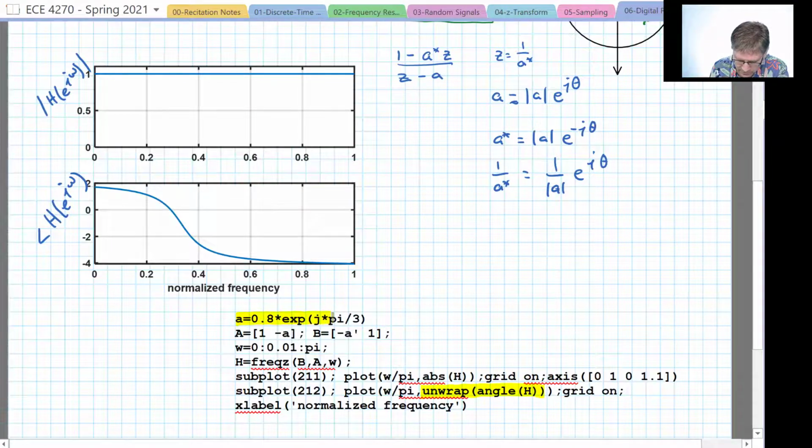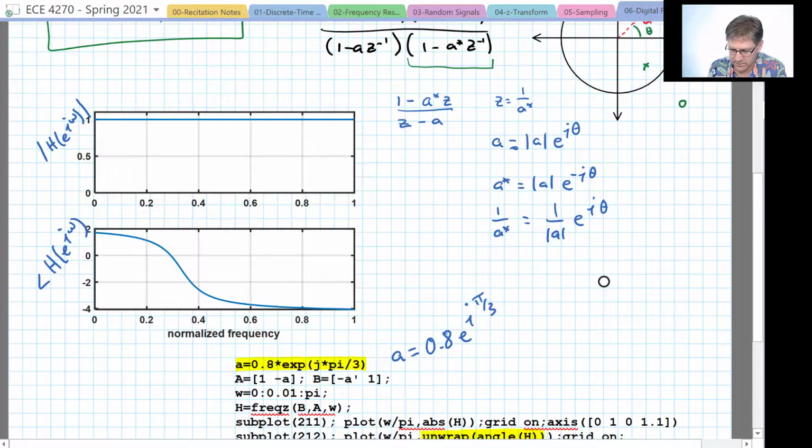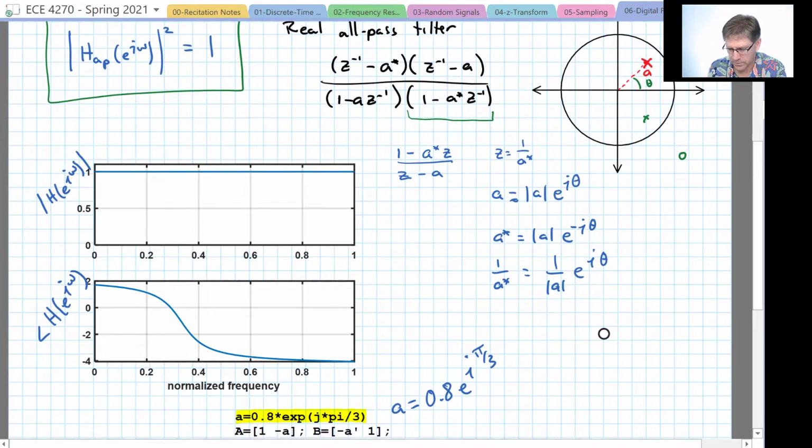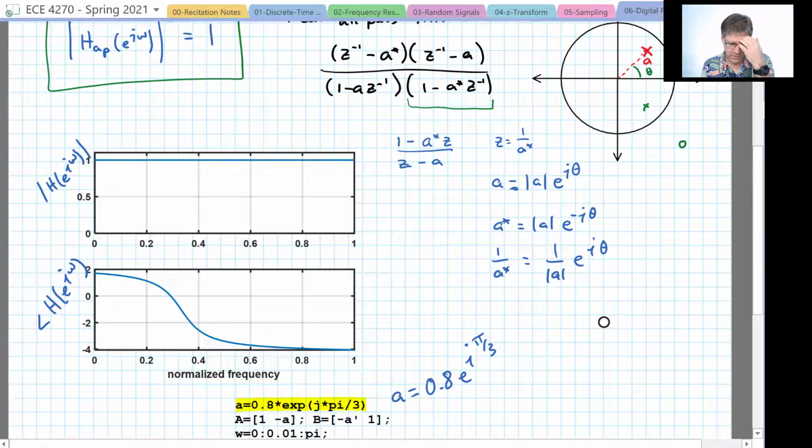Here's where you define a. In this case, a is equal to 0.8 e^(jπ/3). That's similar to what we showed up here, only 0.8 would be a little bit closer to the unit circle.